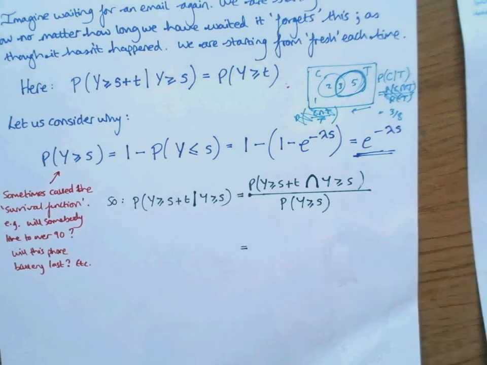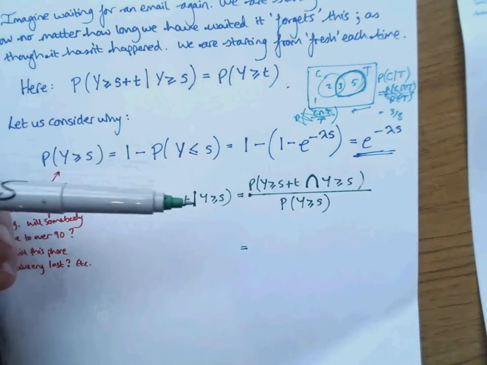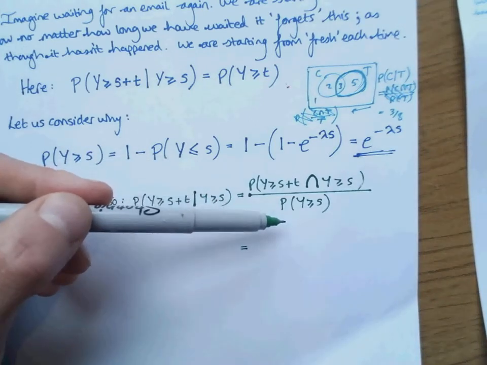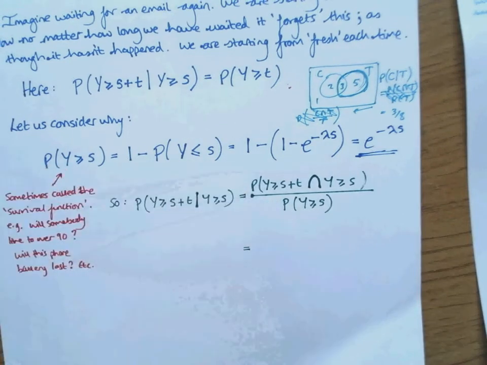Let's progress with this and think carefully about what this actually means. I'm going to leave this first bit to you for 10 seconds or so, because I'd like you to not worry about the denominator, but just have a look at the numerator and think, how can I simplify that? What does that actually mean? So try and actually interpret it and get your head around it.